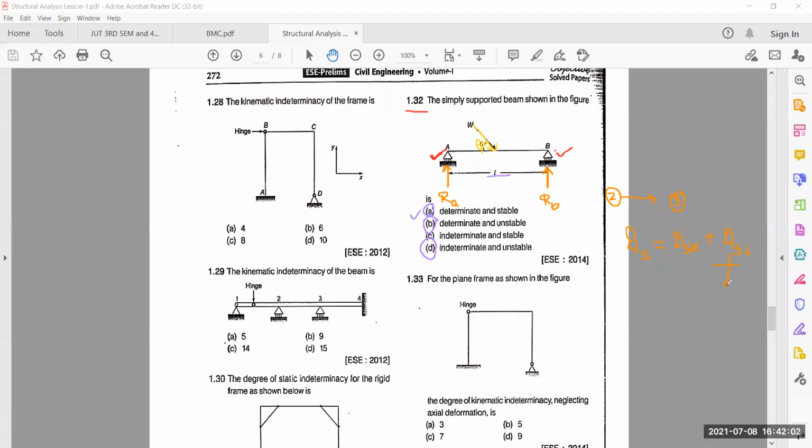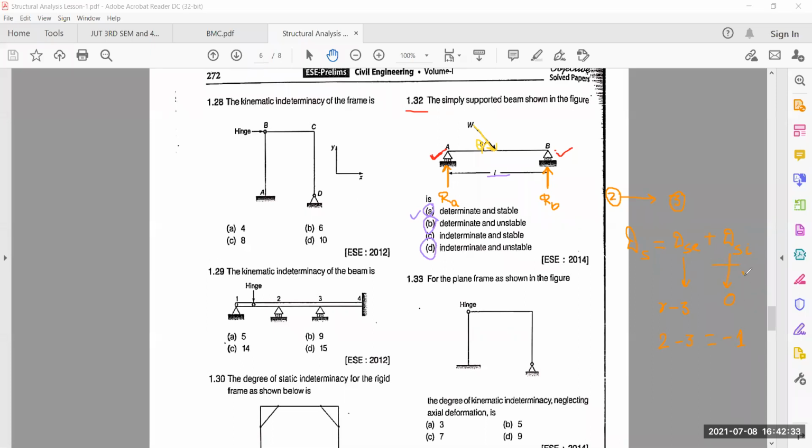The DSI of this beam is 0, but DSE is calculated as the number of external reactions minus equilibrium equations. You have two reactions, but the equilibrium equations are 3. So DSE is minus 1, and DSI is equal to 0.